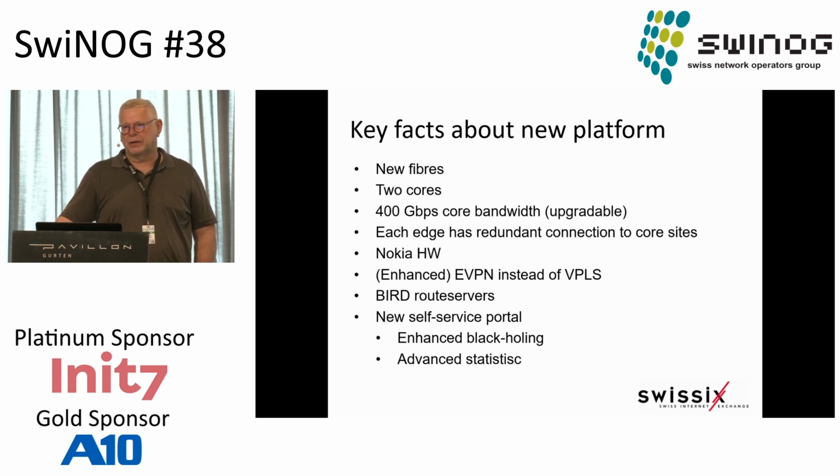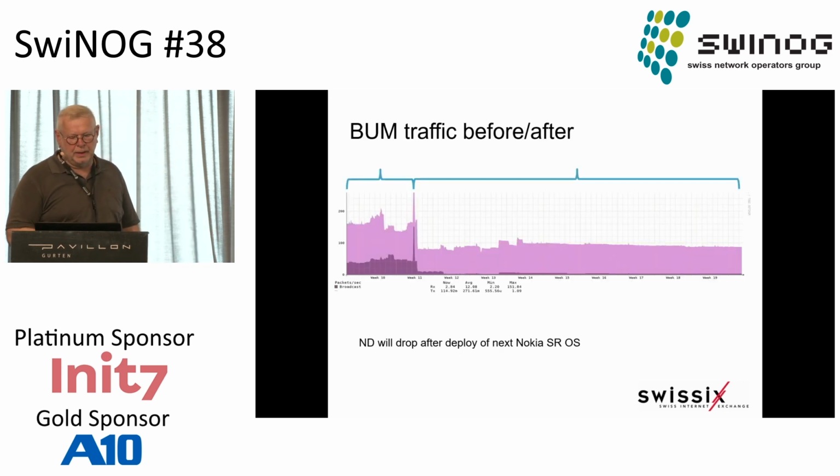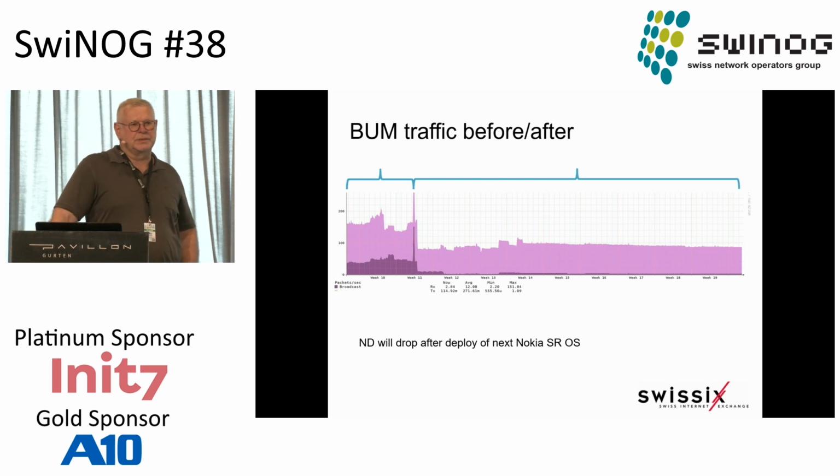That means blackholing not only on layer 3, but also on layer 4. And you will also have enhanced statistics. What we can see here is the band traffic before and after.